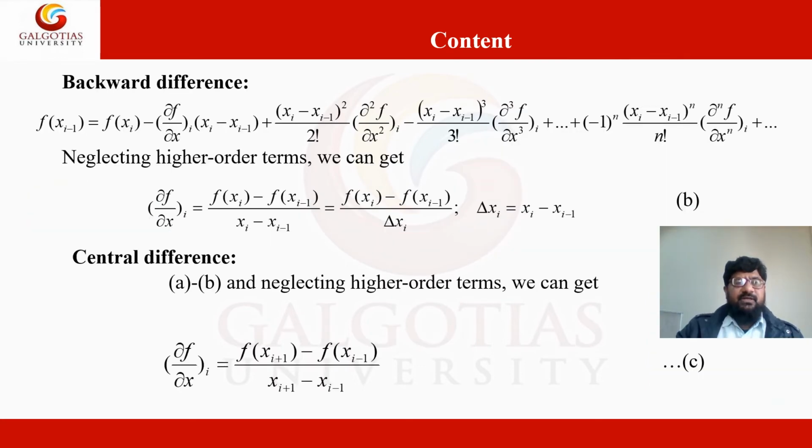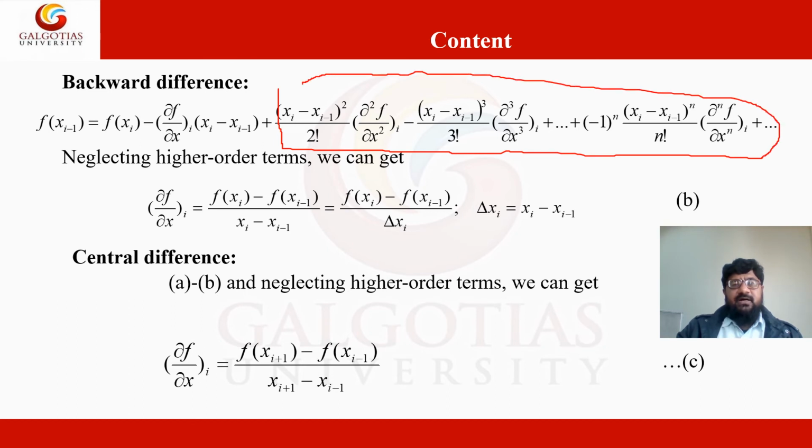In a similar manner, if we expand f(xi minus 1), I mean using the backward point to I, which is I minus 1, we can get this Taylor series. Once again, we will neglect the higher order terms, and by manipulating these terms, we want to calculate del f by del x at I location, we will get this formula.